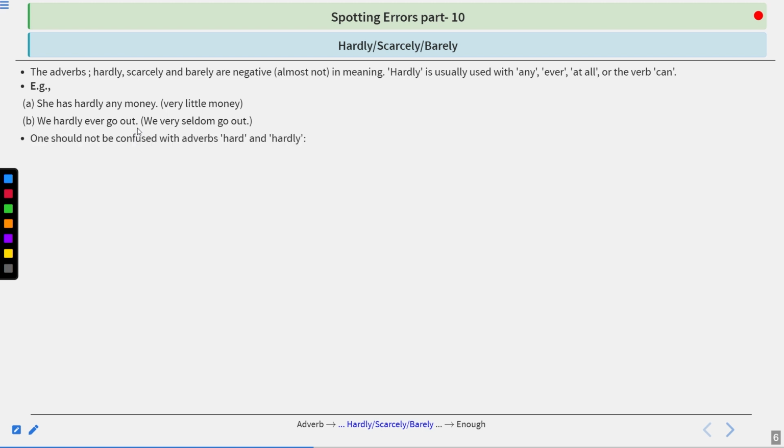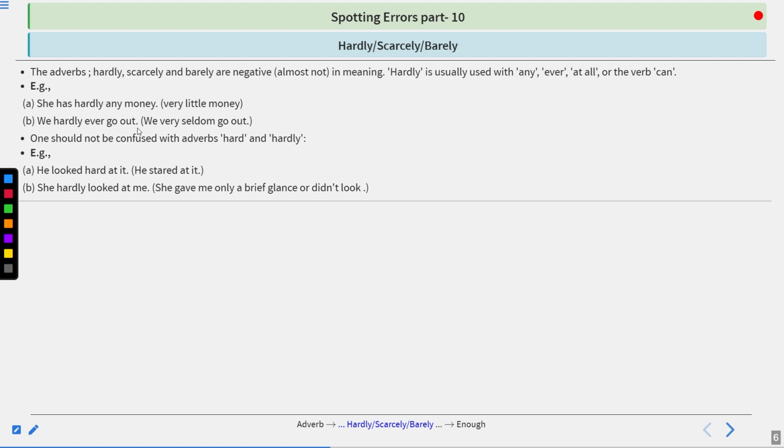One should not be confused with adverbs hard and hardly. So do not get confused with hard and hardly. Example, he looked hard at me. What does it mean? Here, hard means he stared at me. Another example, she hardly looked at me. What does it mean?